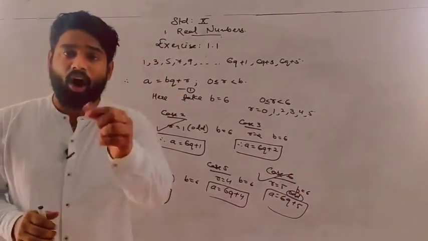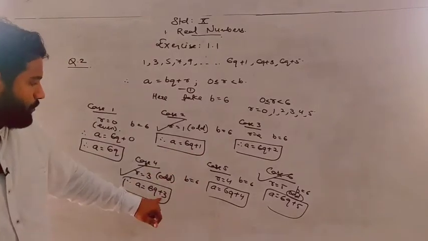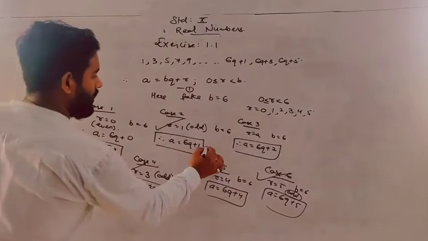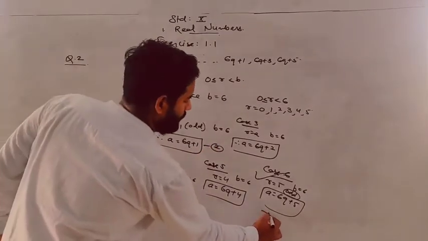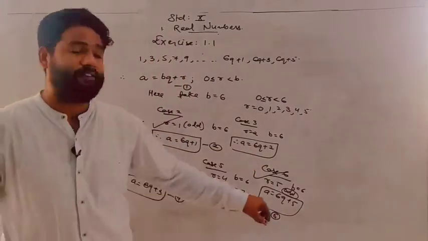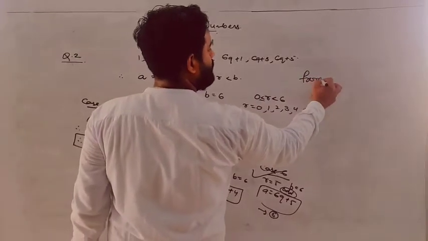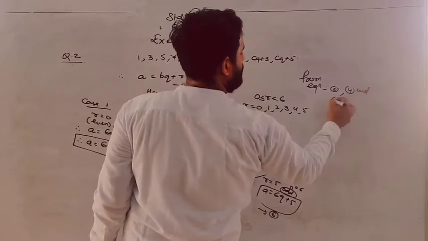See, all the odd numbers, can we represent them as 6q plus 1, 6q plus 3 and 6q plus 5? Yes. So equation number 2, equation number 4, equation number 6. That is 1, 2, 3, 4, 5 and 6. So from equation number 2, 4 and 6.